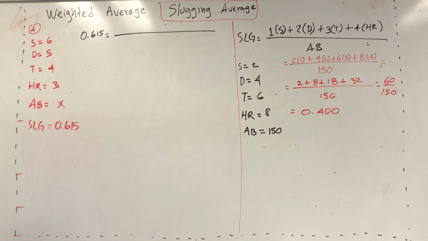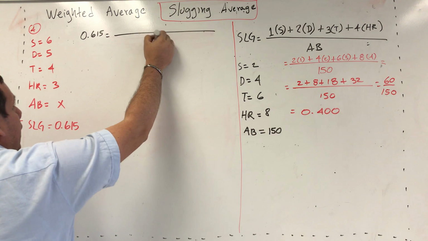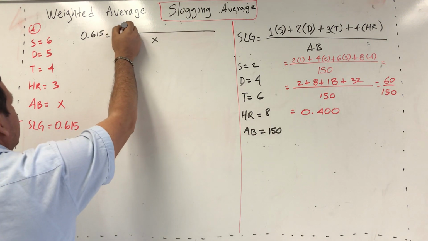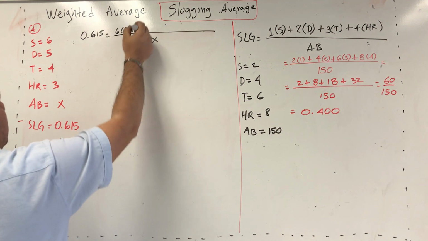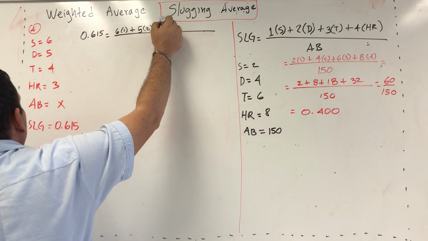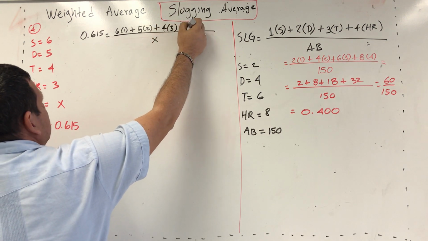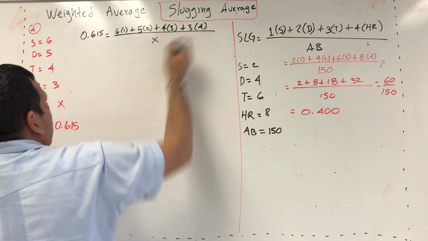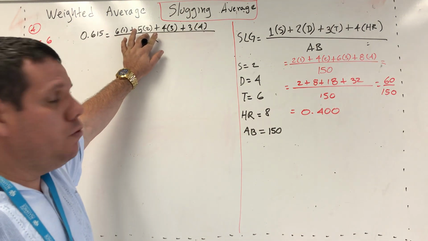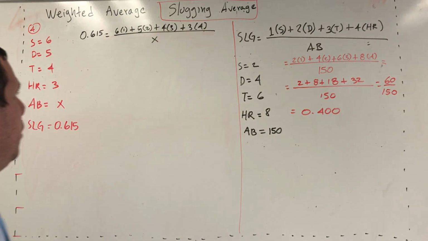We don't know how many times this player needed to go to bat, so it's X. We know singles: we have 6 times 1 plus 5 times 2 plus 4 times 3 plus 3 times 4. Remember, 1 is single, 2 is double, 3 is triple, and 4 is home run.